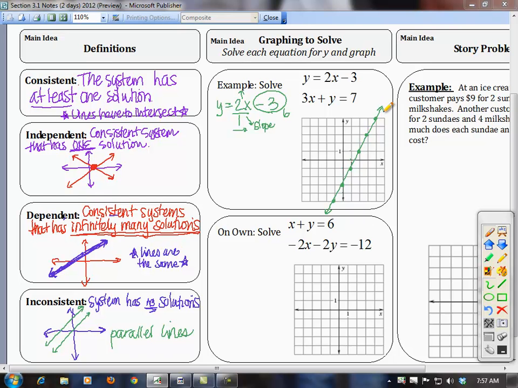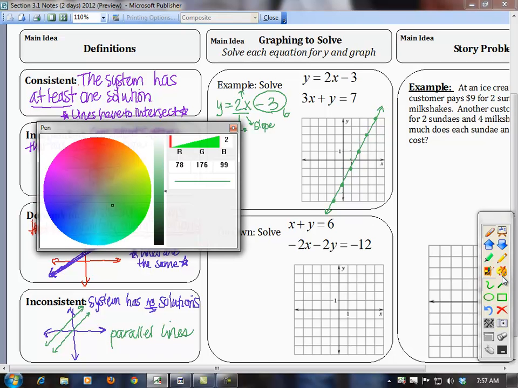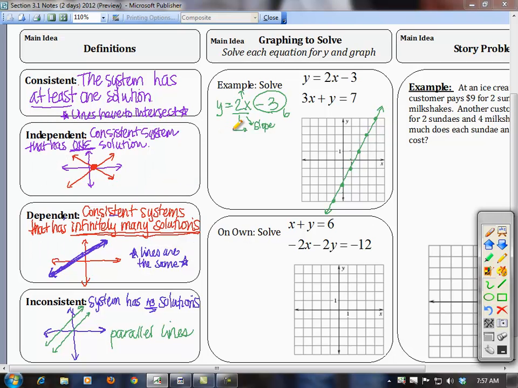Now, most teachers in Algebra 2A said you only need a couple of points to make your line. In Part B, we want to have as many points as possible because I don't know where it's going to intersect my other graph. So I need to have both. Okay? Now, the second one, the problem is the equation is not in y equals form.